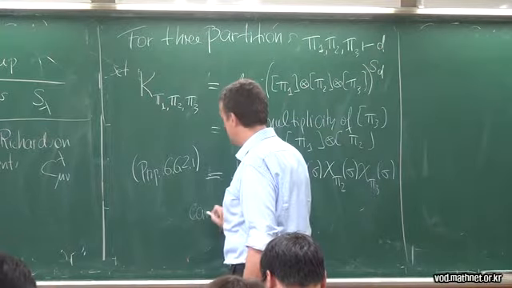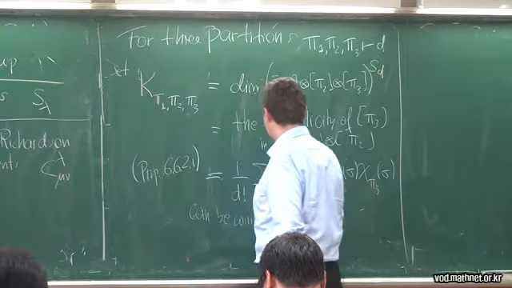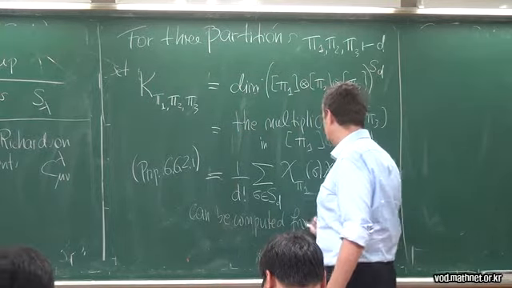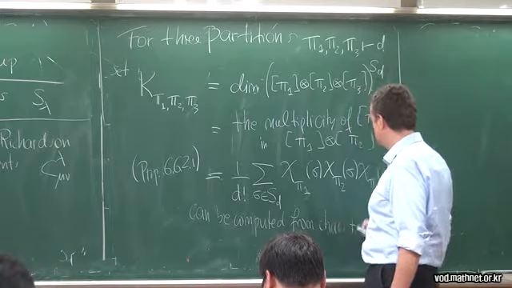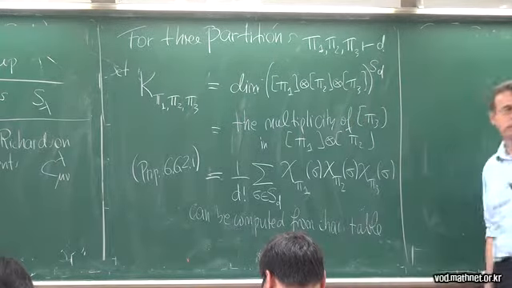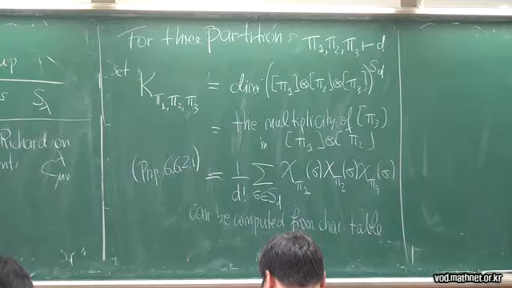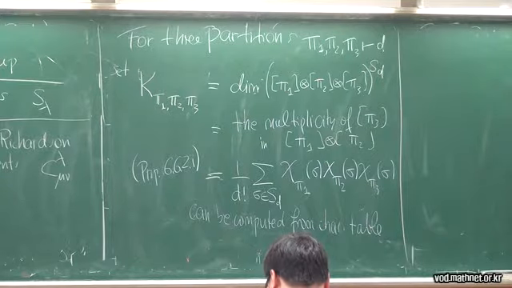So it can be computed from the character table. For the symmetric group on 4 letters, we had the character table yesterday. For S5, whoever gave you the character table for S5, and so on. What you do is you look at 3 rows of the character table and you multiply them entry-wise and you average over the group. And what you get is a number. It's a non-negative integer, and that's the Kronecker coefficient.